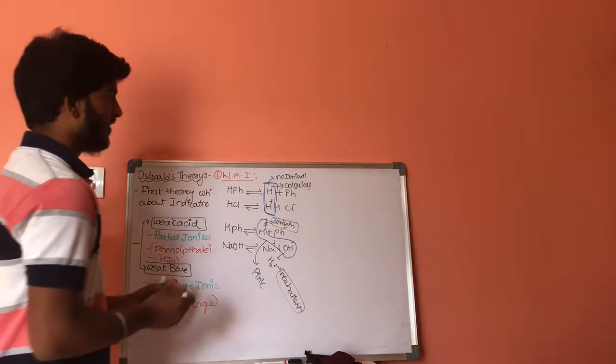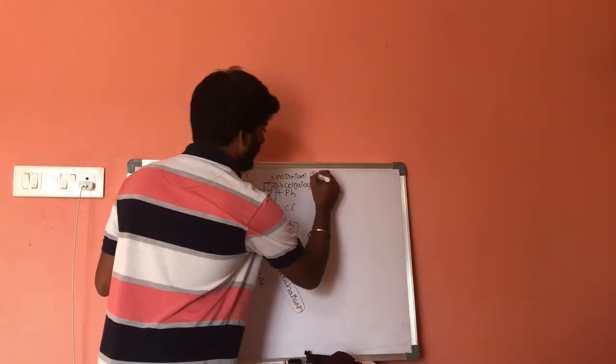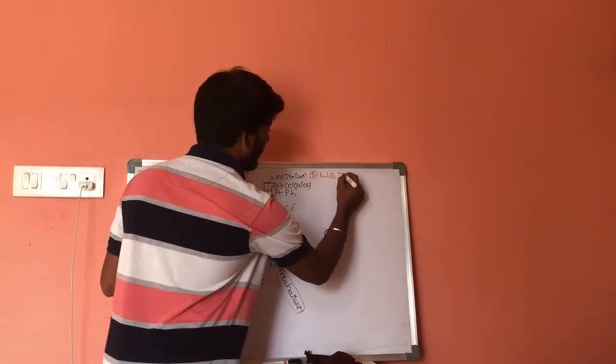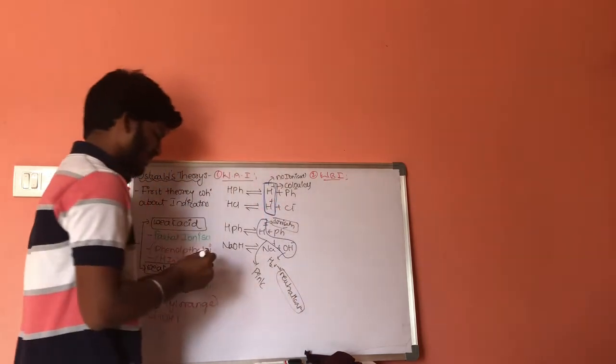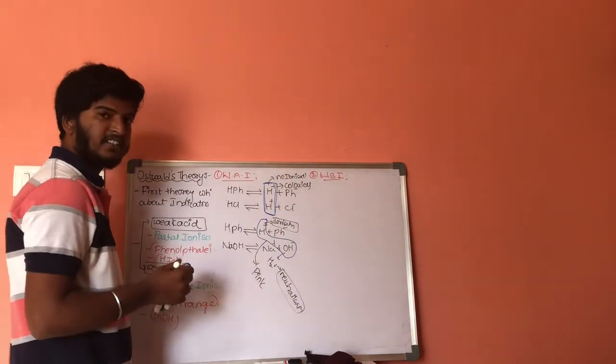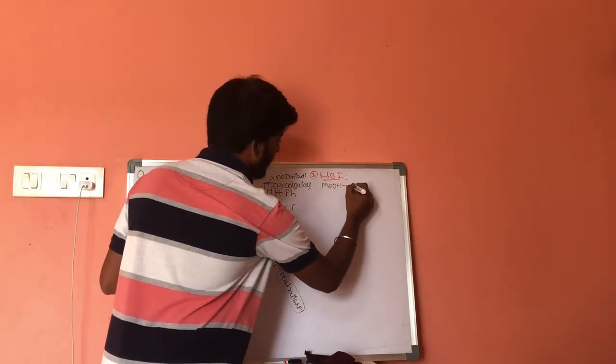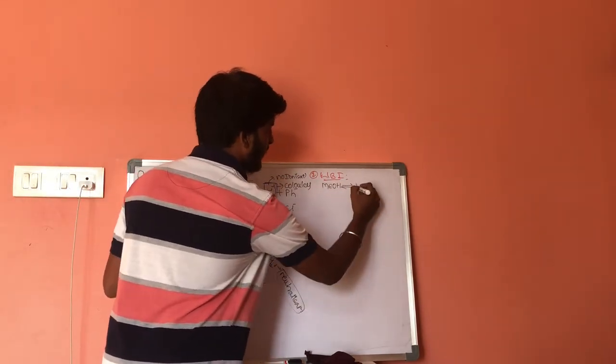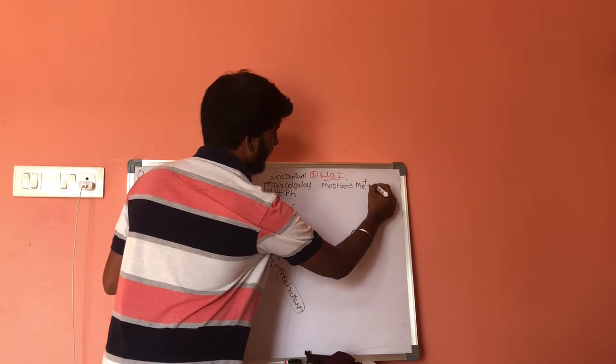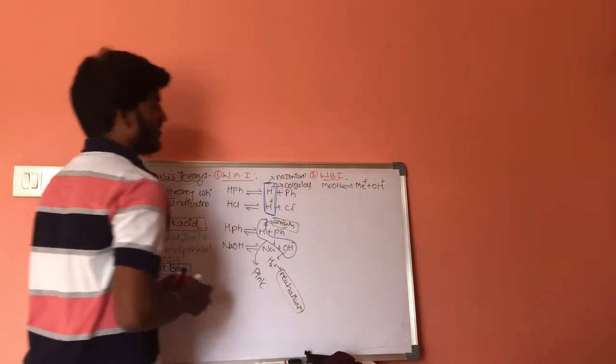And second, if we consider weak base indicators, the example we have discussed is methyl orange. Methyl orange undergoes ionization to form Me plus and OH minus ions.